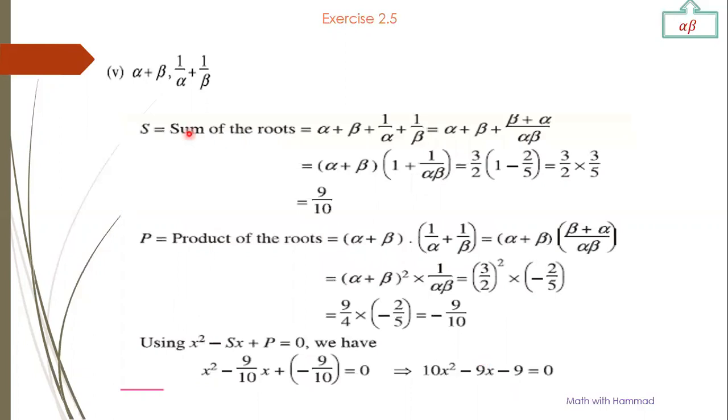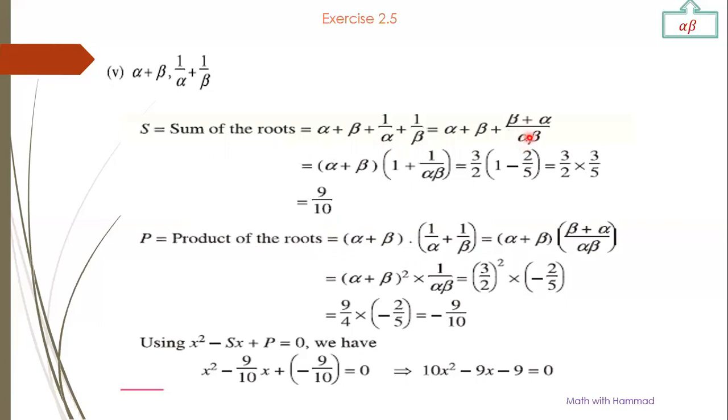Now, another part: if the roots are in the form of alpha plus beta and 1 over alpha plus 1 over beta. Sum of the roots means alpha plus beta plus 1 over alpha plus 1 over beta. Alpha plus beta as it is, and take the LCM of 1 over alpha plus 1 over beta, that is beta plus alpha over alpha beta.